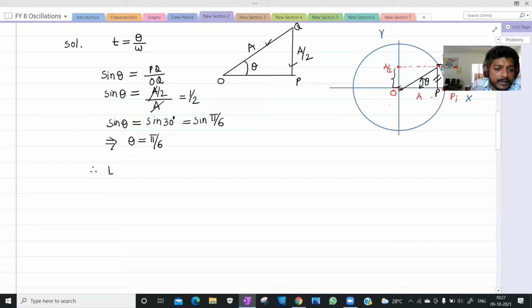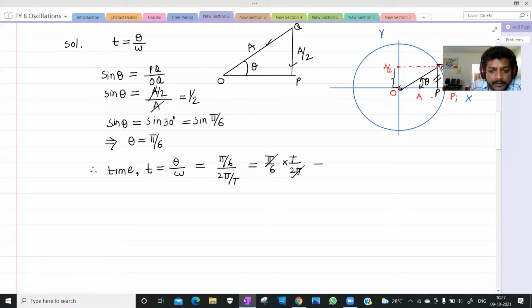Therefore, finally we need time. T equals theta by omega. Theta is pi by 6, and omega is 2 pi by T. So T equals pi by 6 into T by 2 pi.